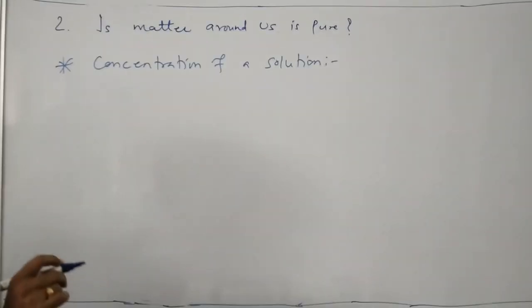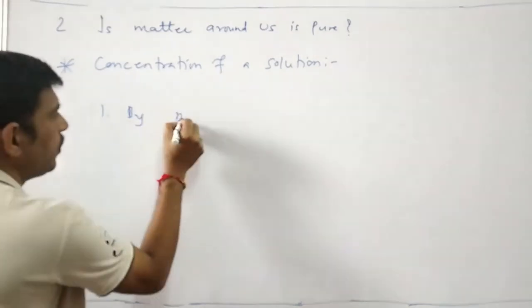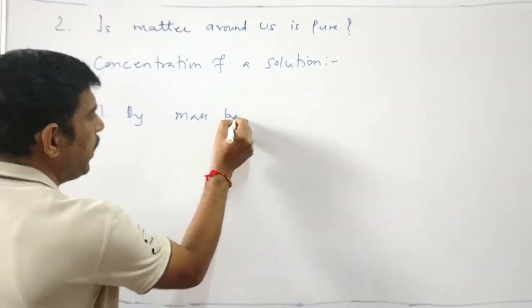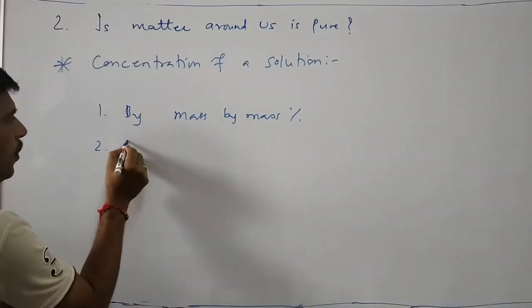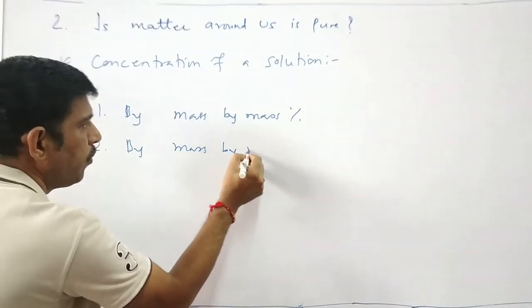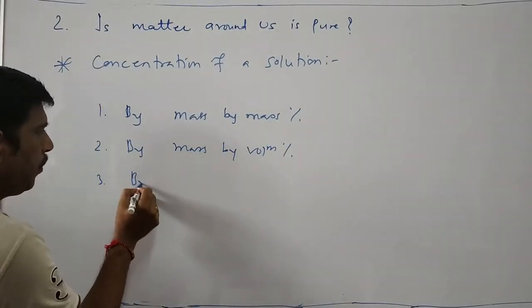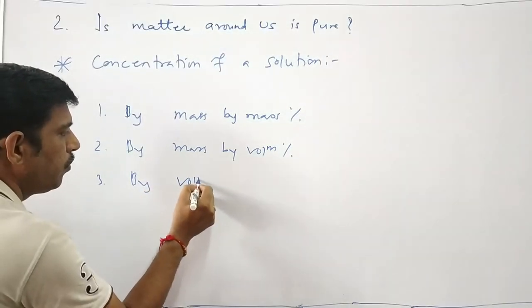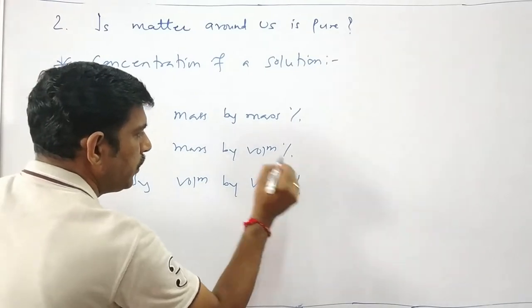But in our book only 3 ways given, that is mass by mass percentage, mass by volume percentage, then third volume by volume percentage.